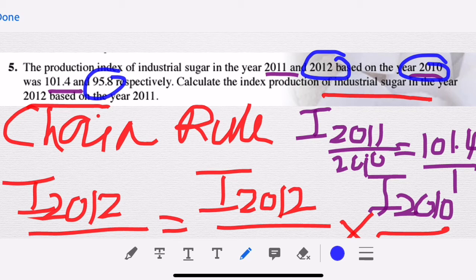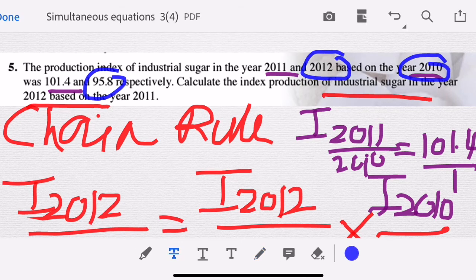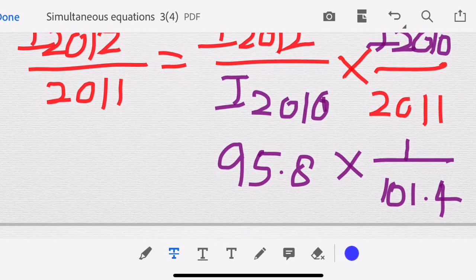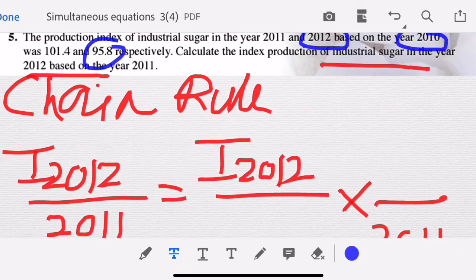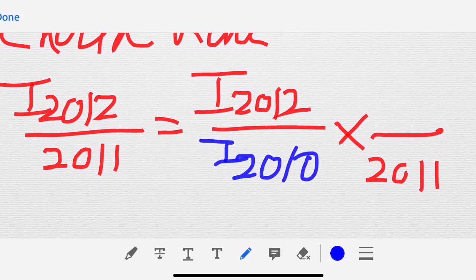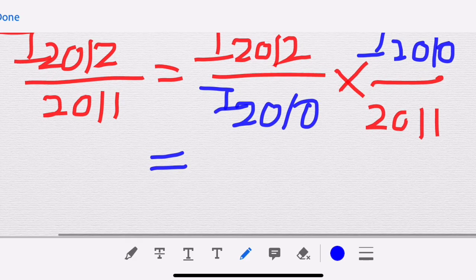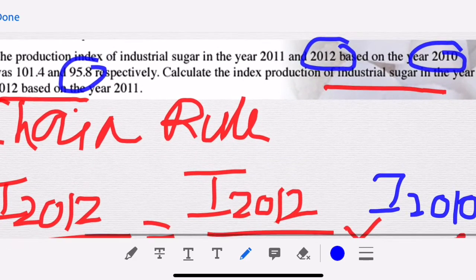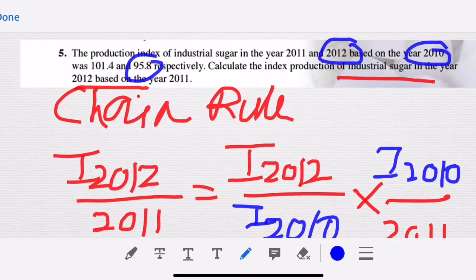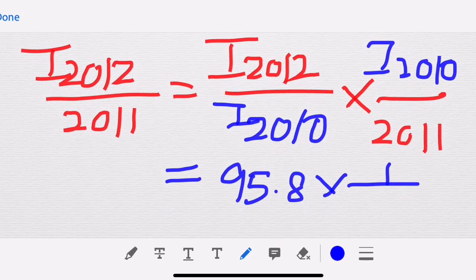Okay, so we will get the answer by just solving it. The problem for this one is you have to plug in the year 2010 here, 2010 here, and then you just go to the question and substitute accordingly. 95.8 times the 1 over 101.4, right?